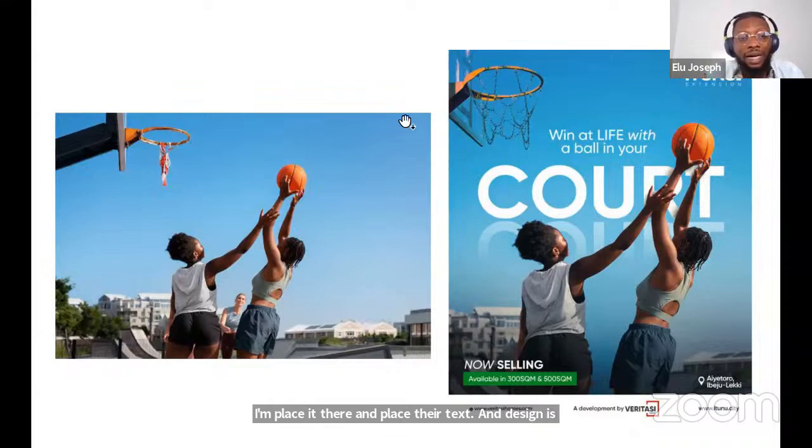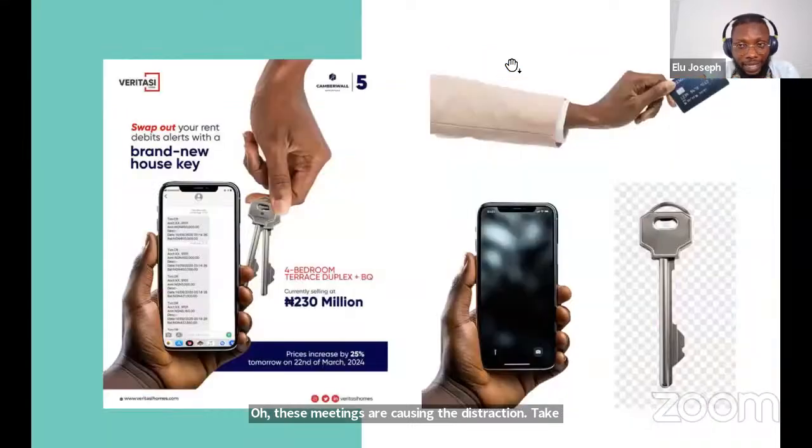But the fact that you paid attention to detail is what will let you know that, oh, this net is bad, change it, and you change the net. Oh, this girl is white, remove her, and you take her out. Oh, these buildings are causing a distraction, take them away, and you did. Like, I know I didn't need the credit card, and I put the key. I know I didn't want to put a blank phone, so I put a screenshot of a debit alert, so that the message is well communicated.